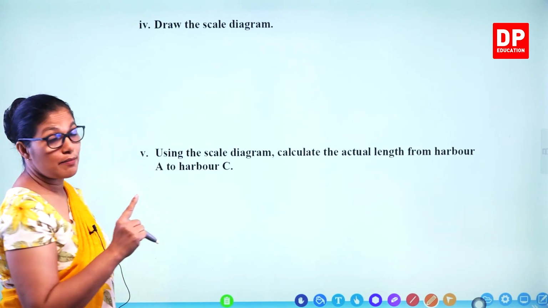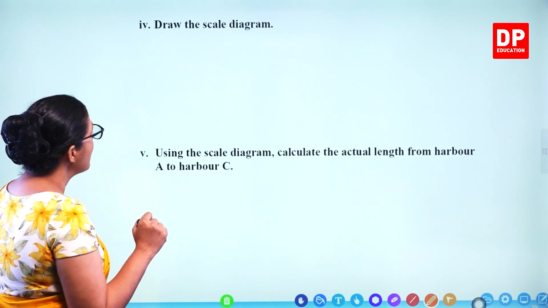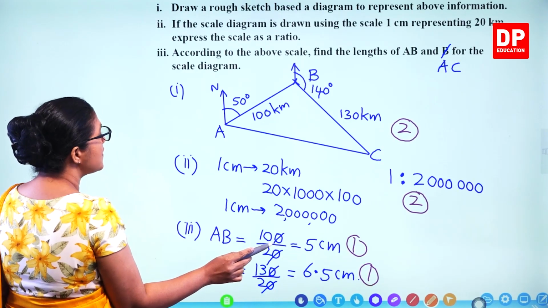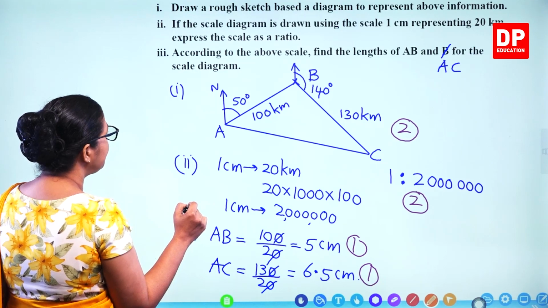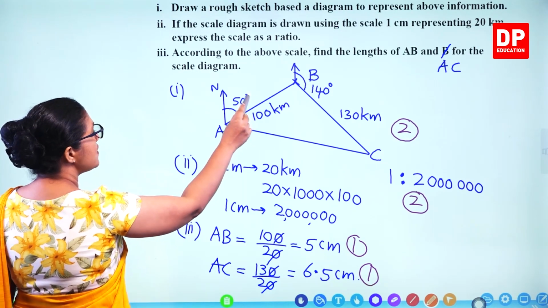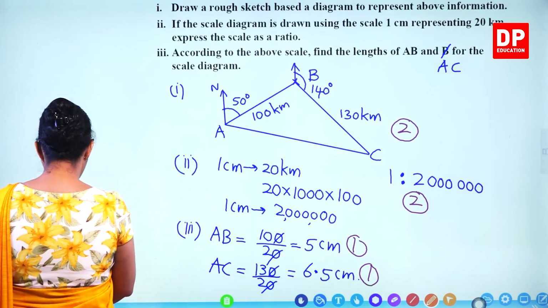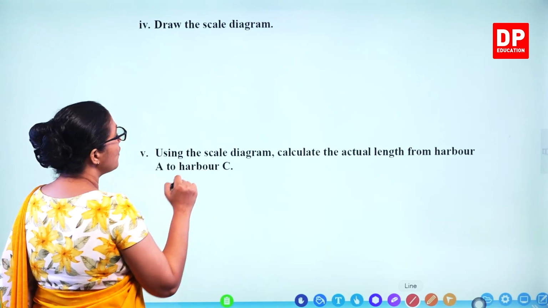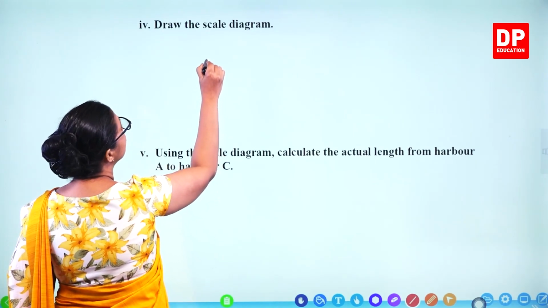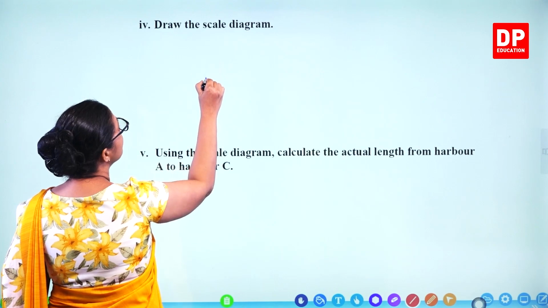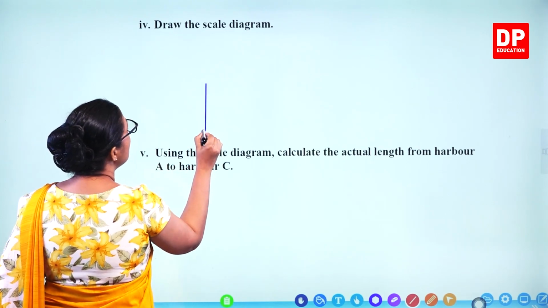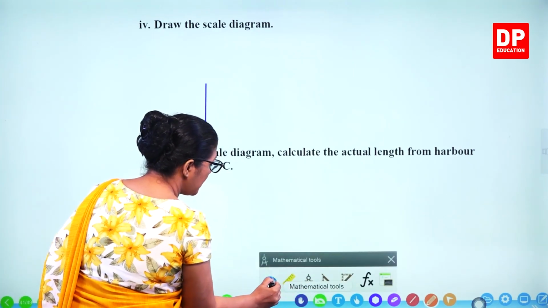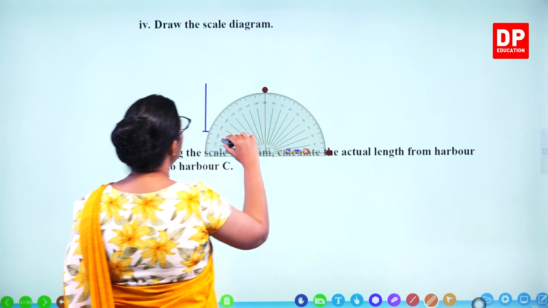Draw the scale diagram. Now we have to draw the scale diagram. So we know that we have to take 5 centimeters and 6.5 centimeters, and 50 and 140 degrees. So we'll draw the diagram. We have to draw the north line first. And we'll mark the point A here. Now take the protractor to measure the 50-degree angle.